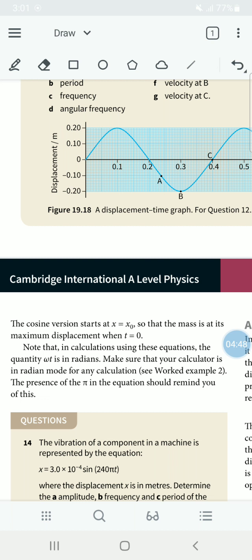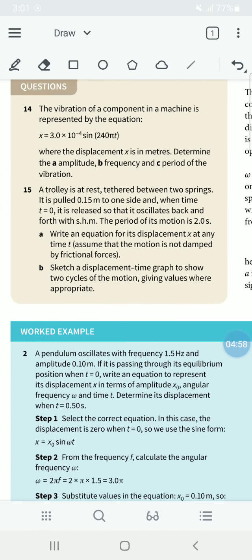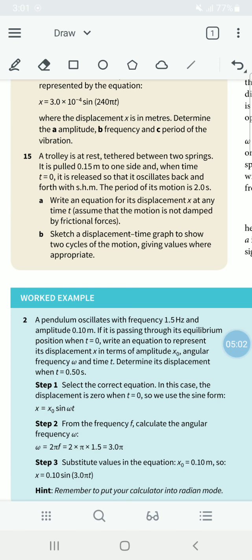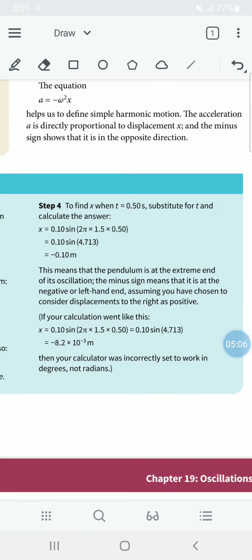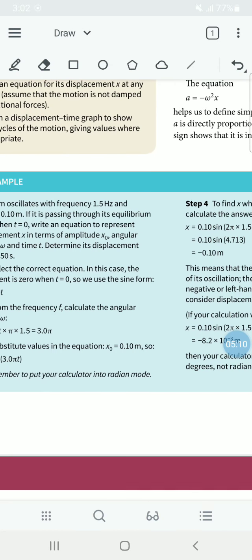So it has to be in radian mode. You have to set your calculator to radian mode. Right? So that is something that we have to make sure of. We will discuss worked example 2 before we write our note.